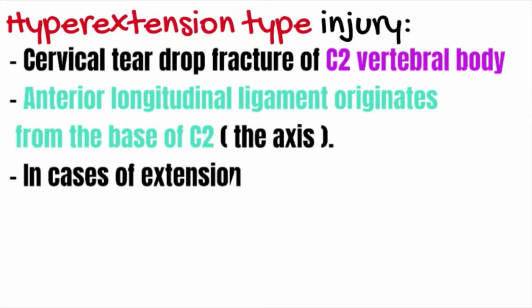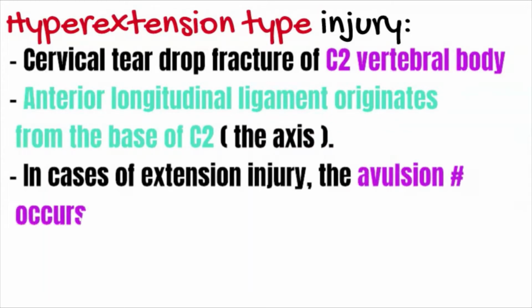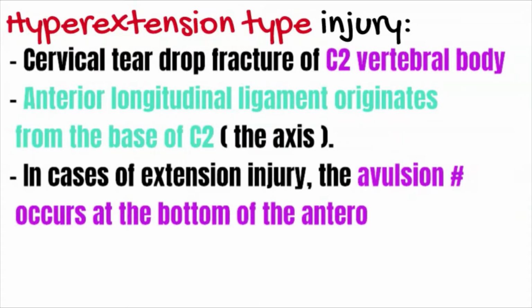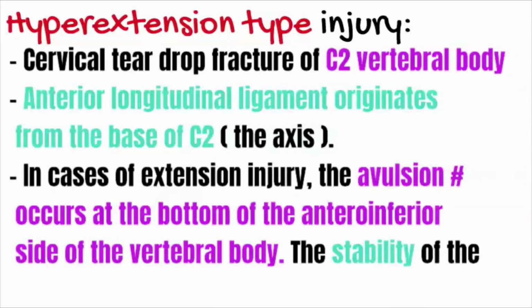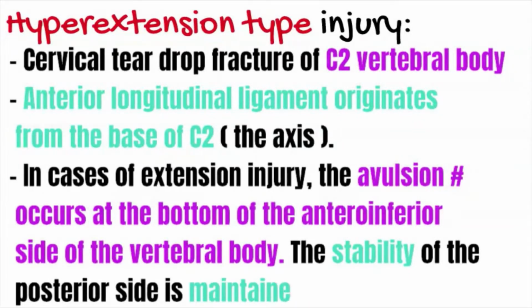The anterior longitudinal ligament originates from the base of C2, the axis. In extension injury, the avulsion fracture occurs at the anterior-inferior side of the vertebral body. The stability of the posterior side is maintained.